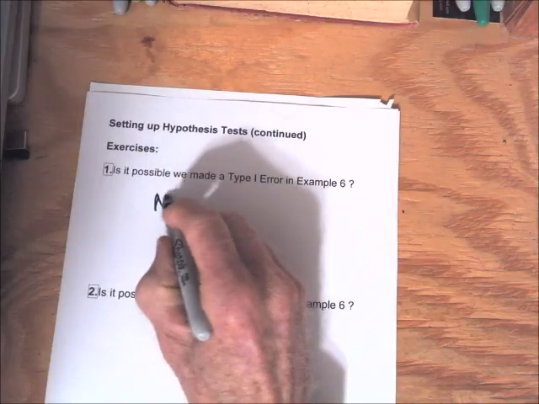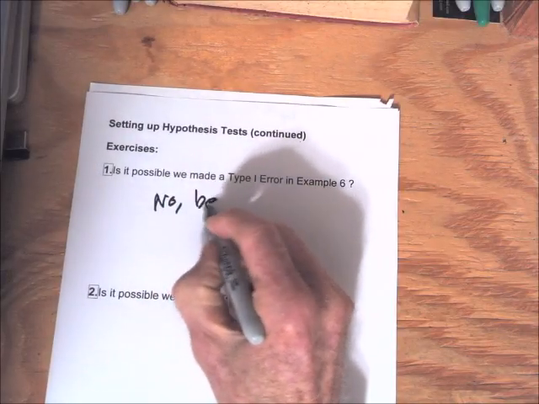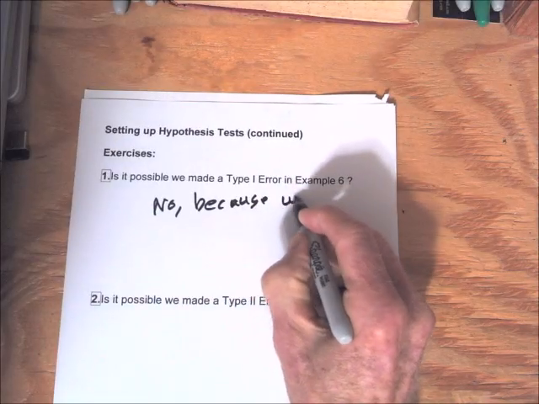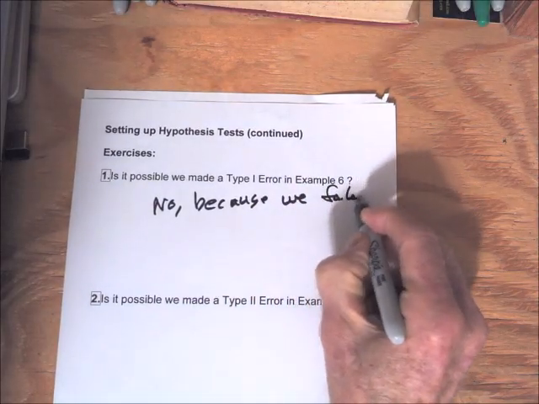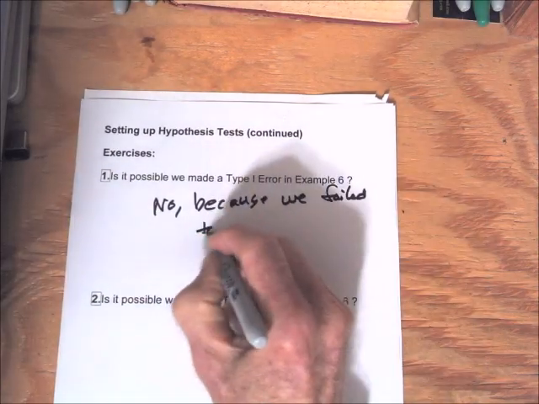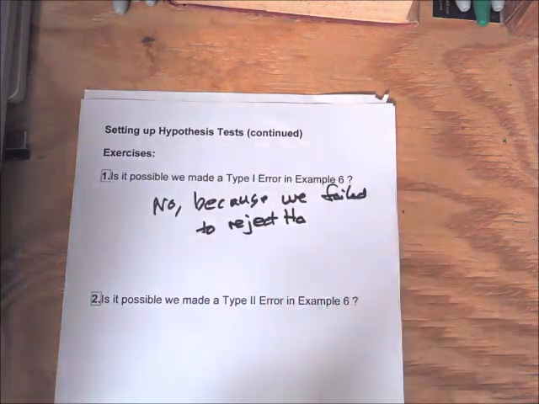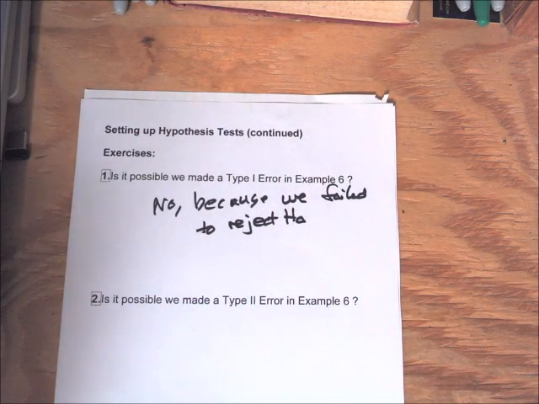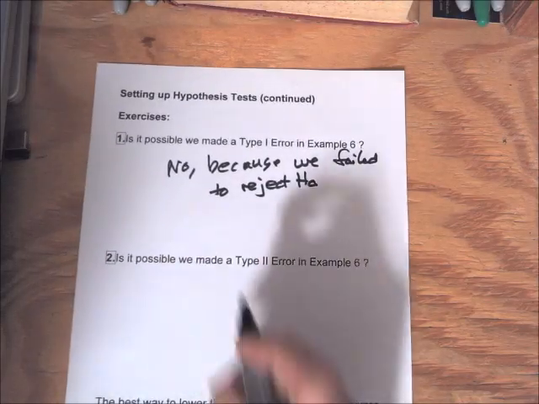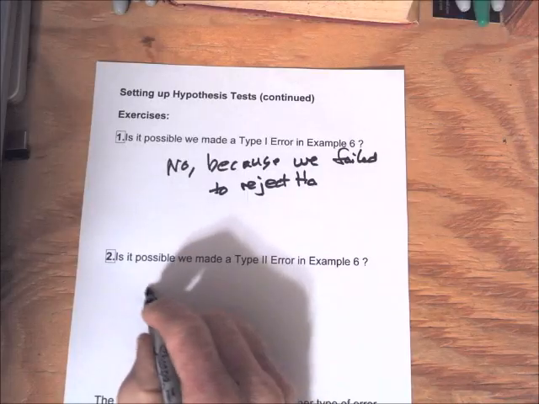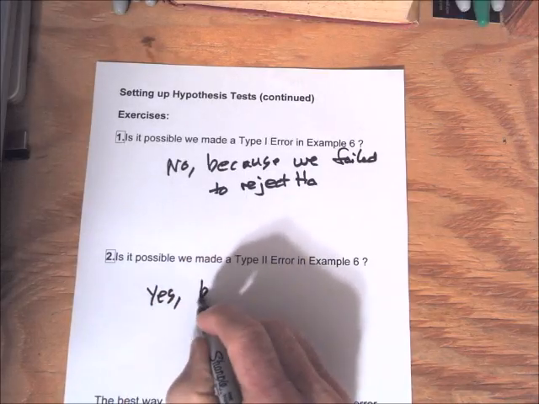No, because we failed to reject H naught. If you reject H naught, then you take a chance of making a type 1 error. Is it possible we had a type 2 error in example 6? Yes, because we failed to reject H naught.